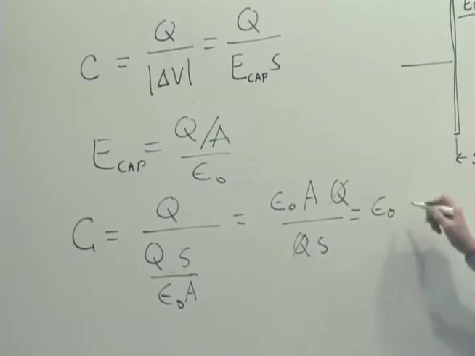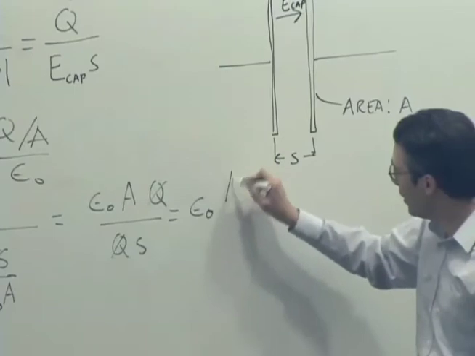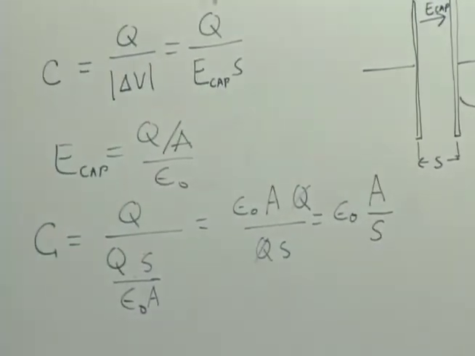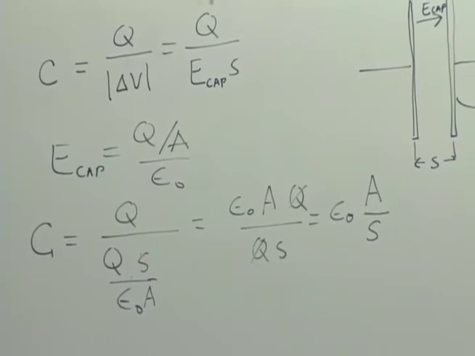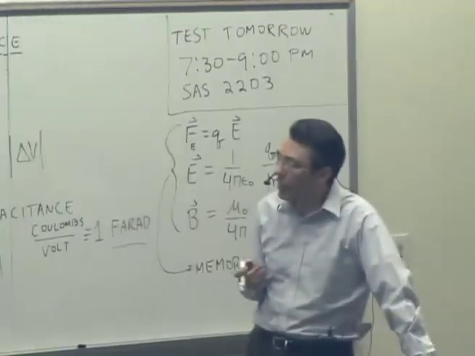And so I just have a fundamental constant, 8.85 times 10 to the minus 12, times the area divided by S. So it says that the capacitance only depends on the area and the separation for a parallel plate capacitor.